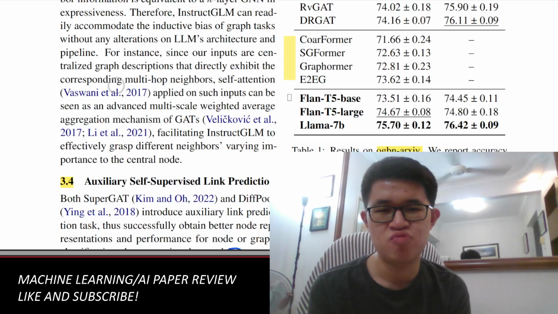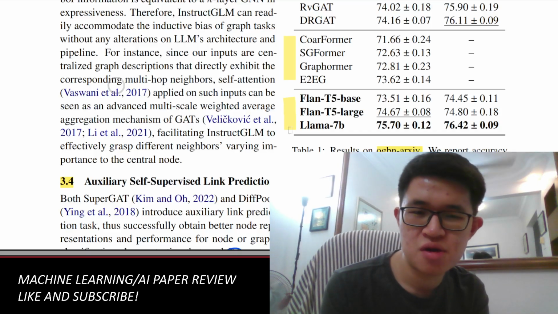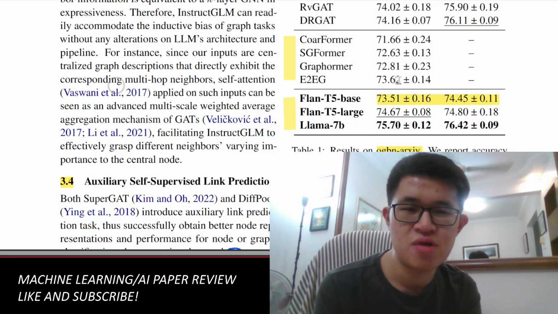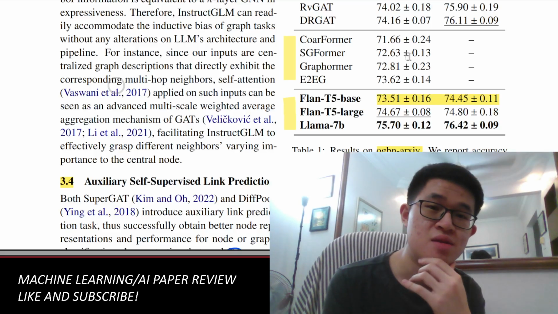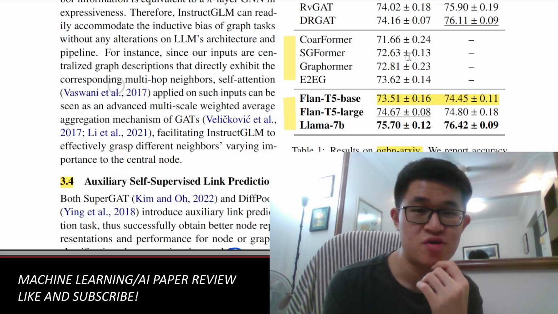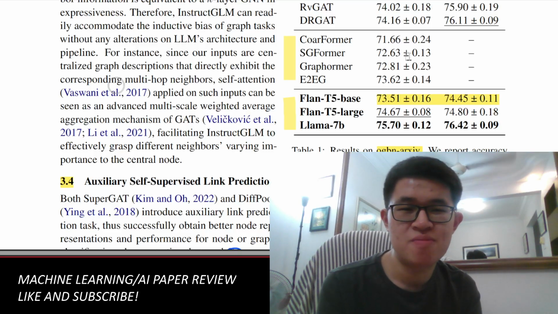But as soon as we get to language models, if we use a T5 base model, it seems to be around the same range as the GNNs and the graph transformers, which is insane, because I would expect these to perform worse, but apparently it does work.